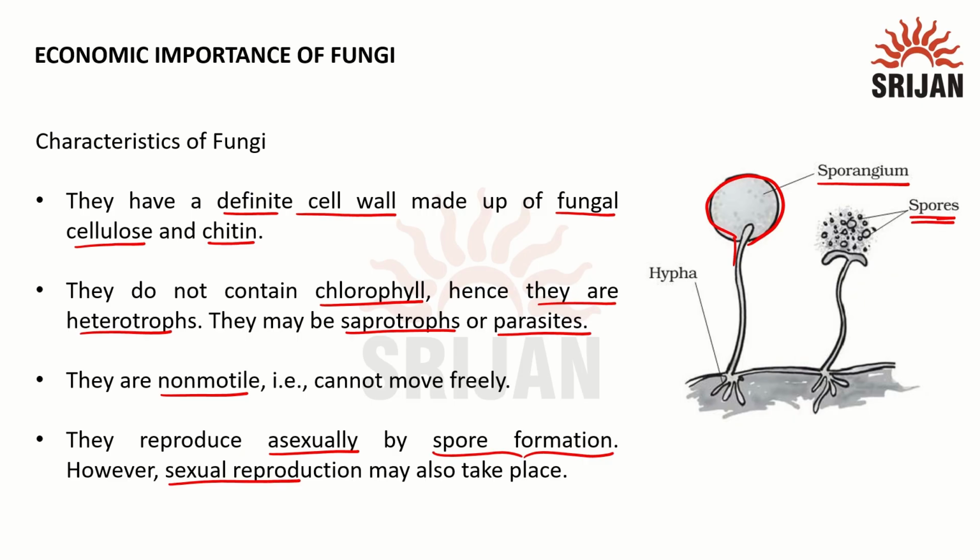If you imagine a mushroom, this is the umbrella-like structure. And if you observe below, the part under the umbrella, you will see a small, spore-like powdery material. If you spray that or put the material under a microscope, you will see the spores. Majority is asexual reproduction, but sexual reproduction may also be seen in this group of organisms.